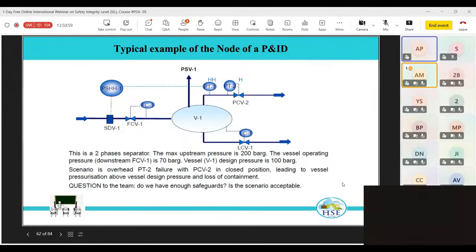But before I do that, I have to explain the process of HAZOP, what kind of team is to be put in place to do the HAZOP. We'll come back to this node. First, let me explain how the HAZOP is conducted. Next slide.